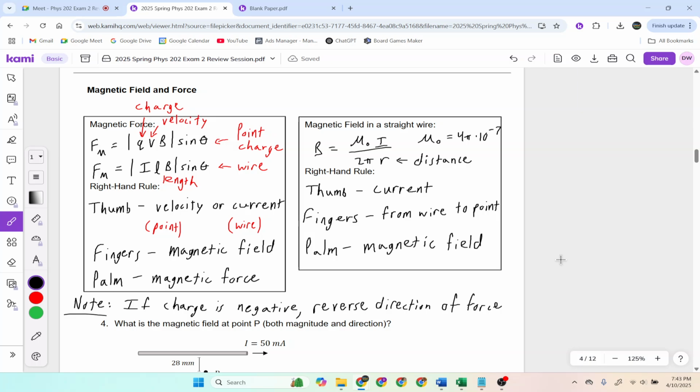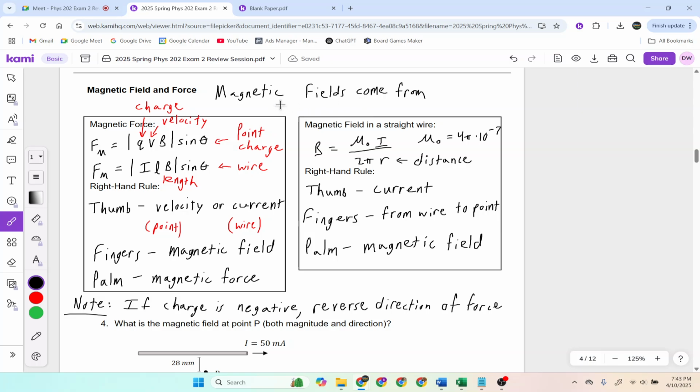One more thing to say about this. What this equation and this right-hand rule are basically telling you is where magnetic fields come from. Where do magnetic fields come from? Current in a wire. Thank you, Skylar. Or a magnet. I'm not going to talk about the magnet. It's boring, but technically true.